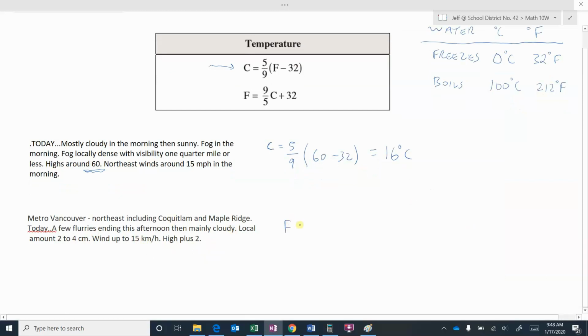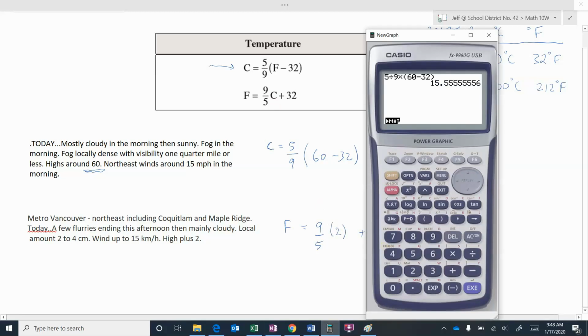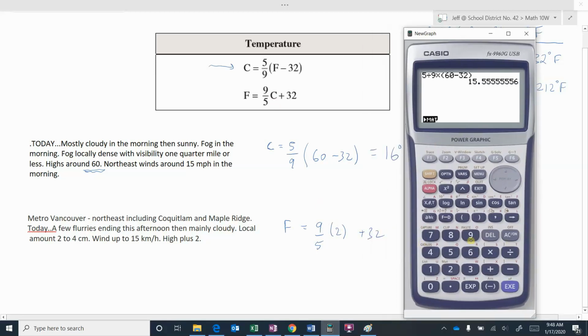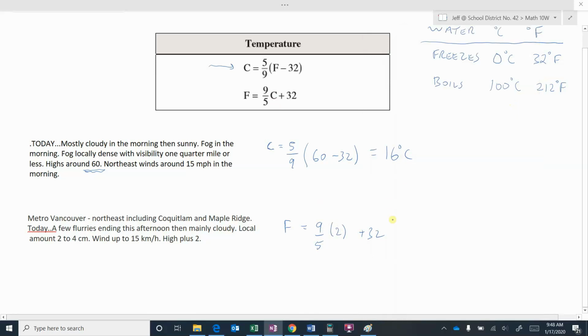So then you tell them that, well, Fahrenheit is 9 divided by 5 times the temperature in degrees Celsius, plus 32. So you maybe whip out your calculator on your phone and you say, give me a second here. So 9 divided by 5 times 2 plus 32. And you tell them, oh, it's actually 36 degrees Fahrenheit.